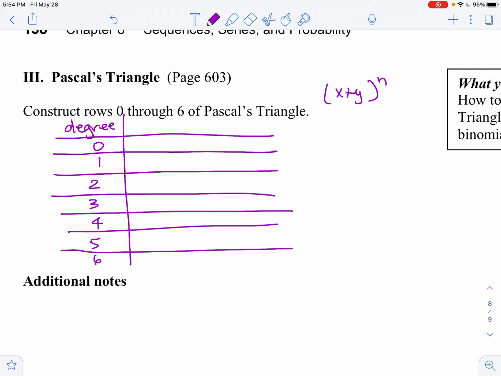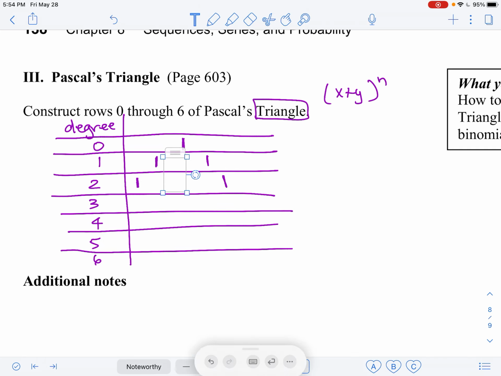So a binomial to the 0 power, anything to the 0 power is 1. And a binomial to the 1 power will have 2 coefficients of 1 and 1. So this is why we start to see this triangle effect right here. To find our second one, we always end with 1s. And the middle term is going to be these two numbers added. So 1 plus 1 is 2.